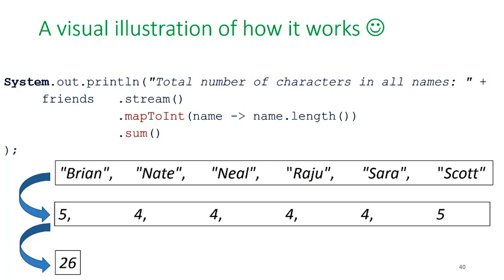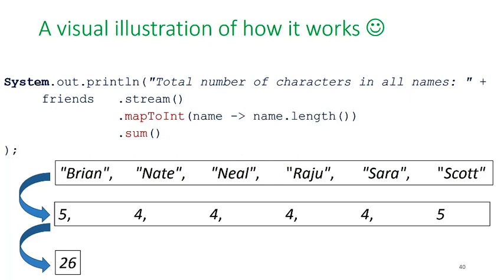Right now, with the way we define our variable, no, because friends is a list of strings, so your stream is going to be a stream of strings. But if instead of a list of strings, I have a list of integers and I just want a sum, can I do it without mapping?